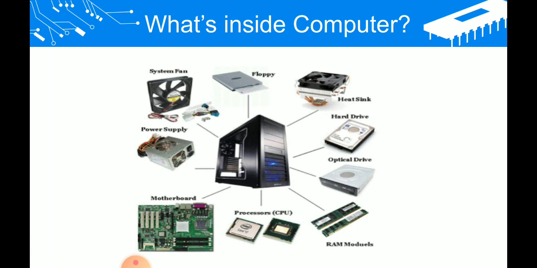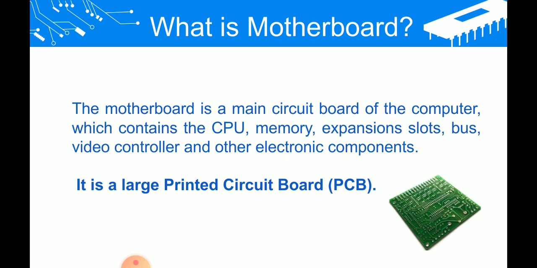Now let's see what is motherboard. The motherboard is the main circuit board of the computer which contains the CPU, memory, expansion slots, bus, video controller and other electronic components. It is a large printed circuit board.